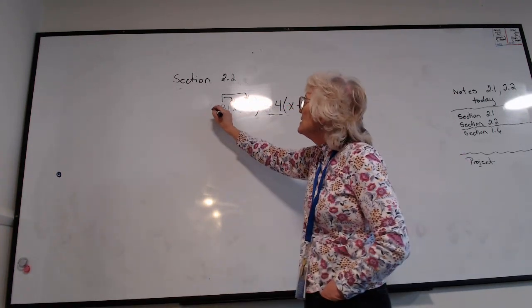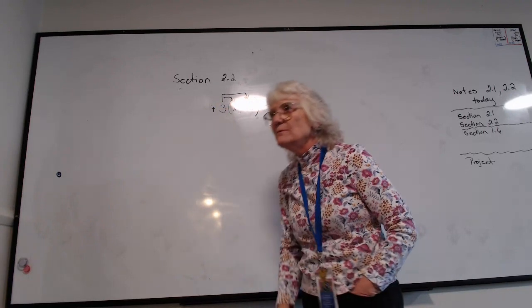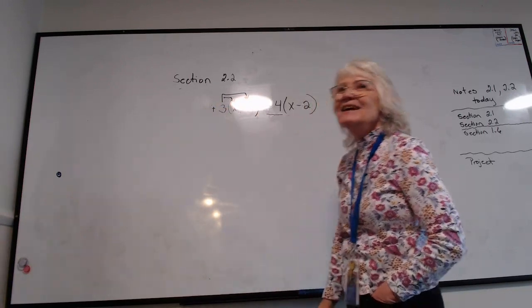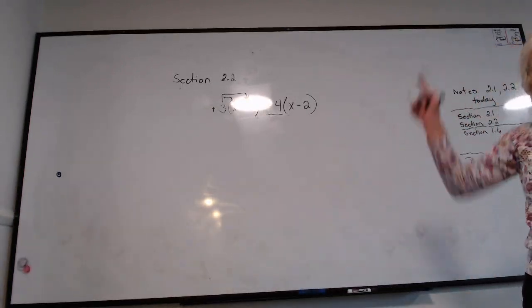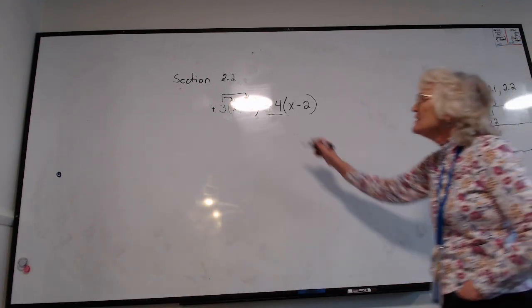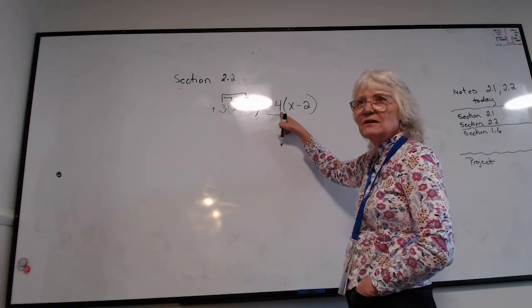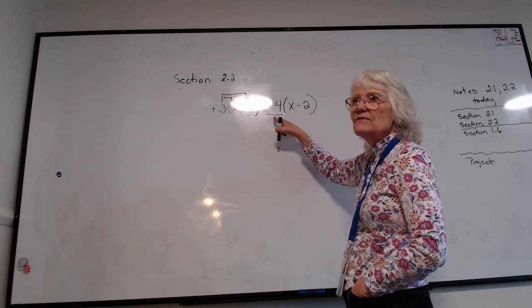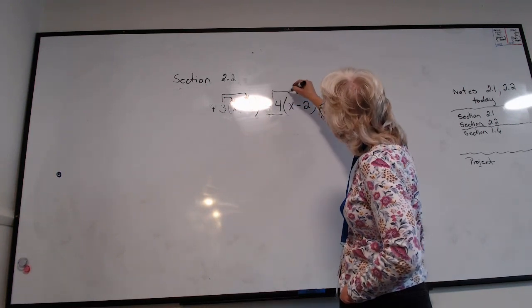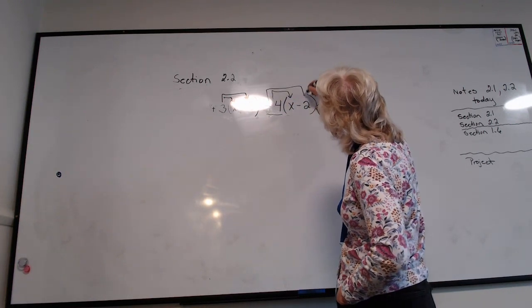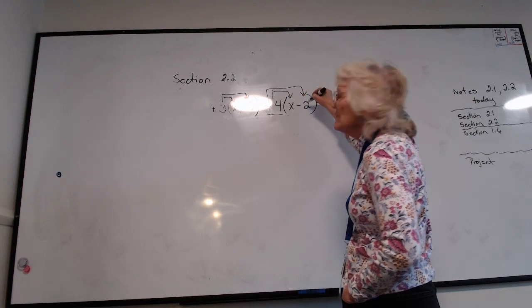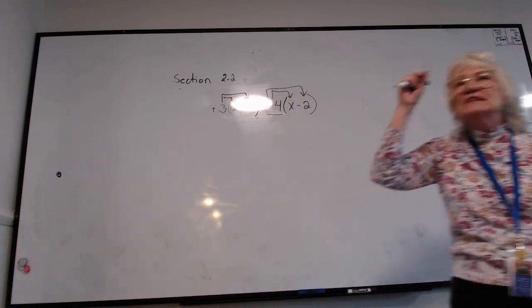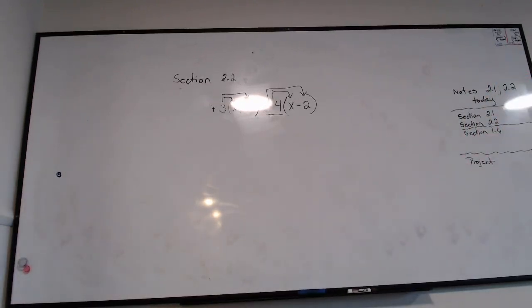This one's sign was nothing, which is assumed to be positive. So that was a positive 3 that we were multiplying. But this sign is a minus, so we use it as a -4. So we're going to multiply the -4 times x and the -4 times -2, because now we're using the sign in front to tell us if they're positive or negative.